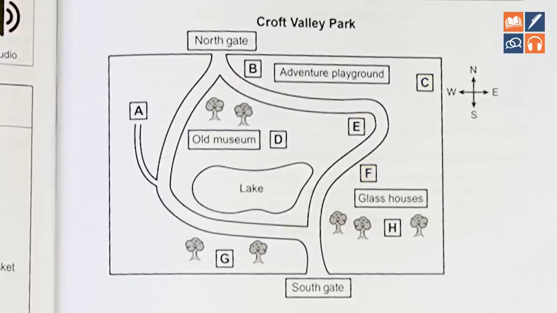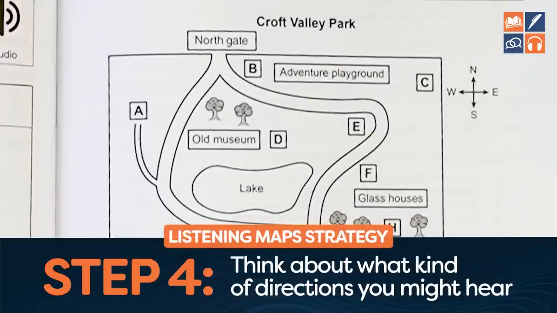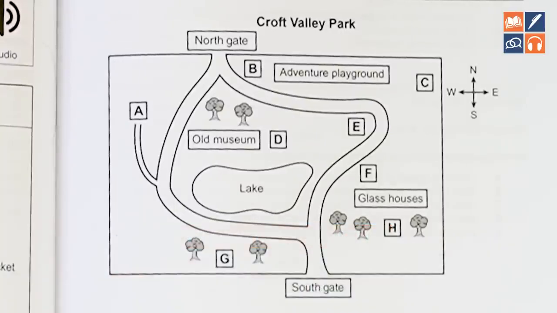F will be beside the glass house. It might be the glass house, or it might be something next to the glass house. And then H might be something next to the glass houses, or it could be the wood or the forest or something like that. So you're thinking about what it could be, but you're also thinking about, if I walk through this map, what directions or what things will I hear that will get me to each of these?